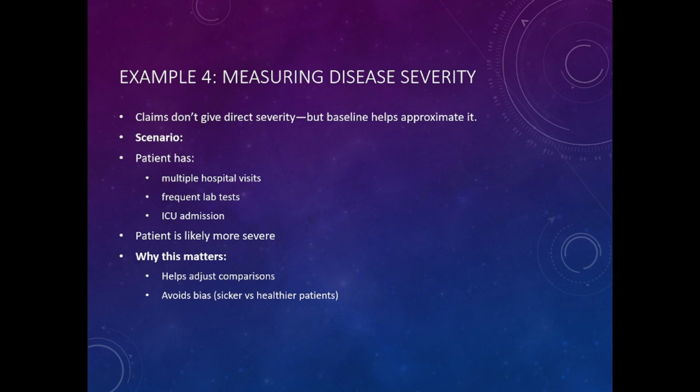Another example is disease severity. Baseline helps us to estimate severity. It may not be precise, but we do get an approximation of it. Let's say the patient has multiple hospital visits. Then we can get to know whether there is some severity in that patient.